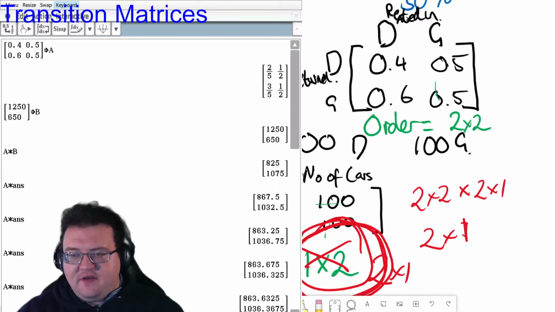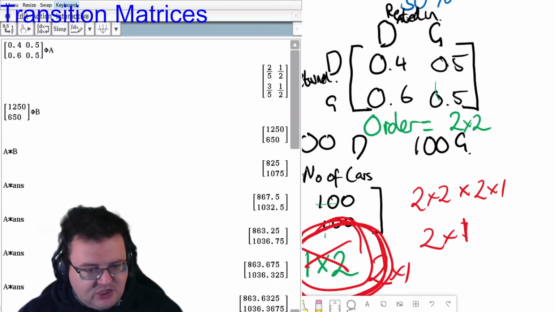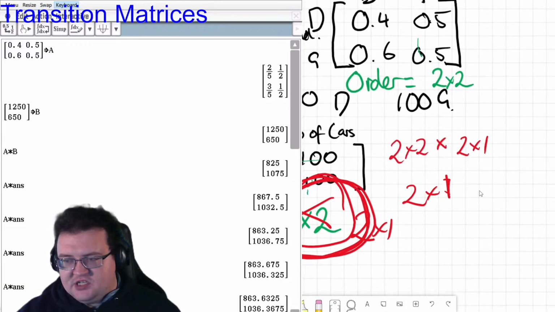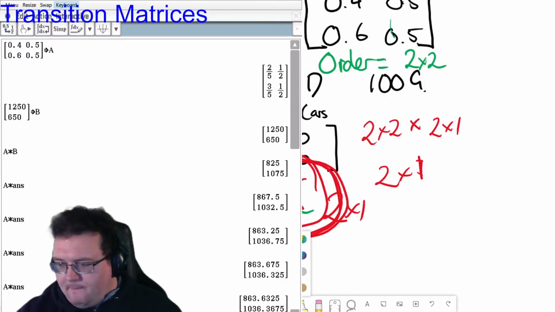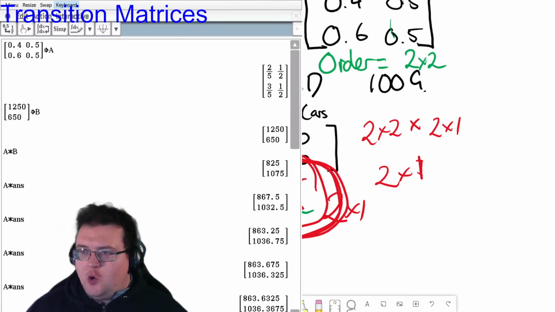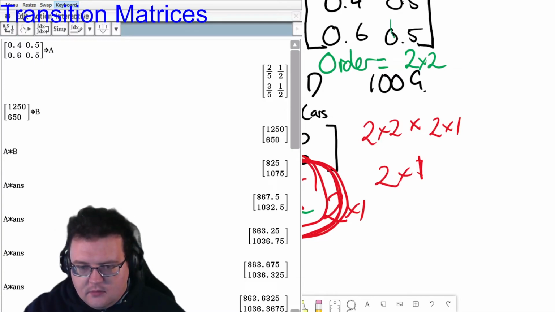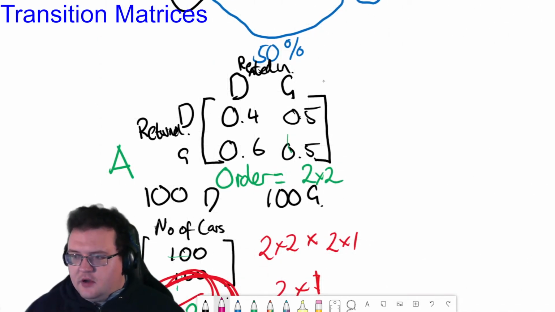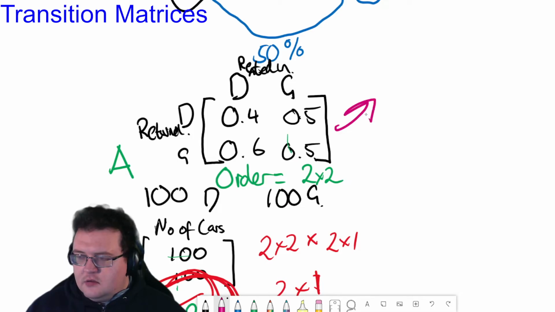So what we have is a state matrix. So these are some special words that would happen at the start. So this matrix that I've got up here, which talks about how the numbers change each week, this here is called a transition matrix.